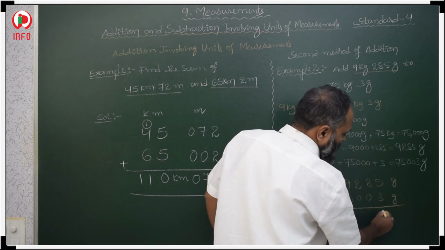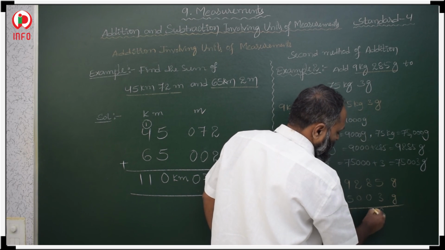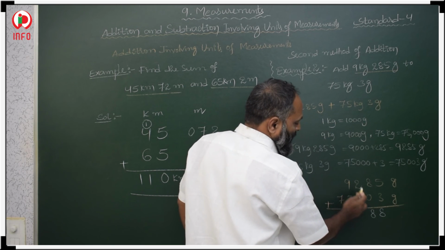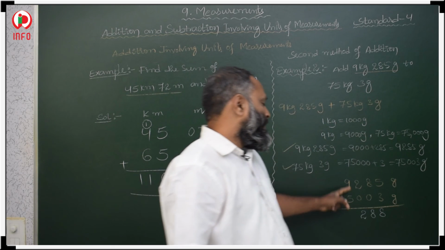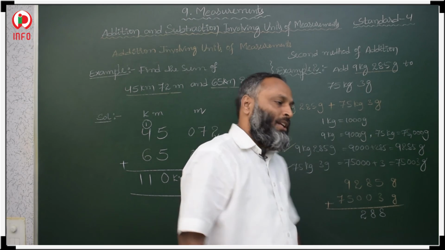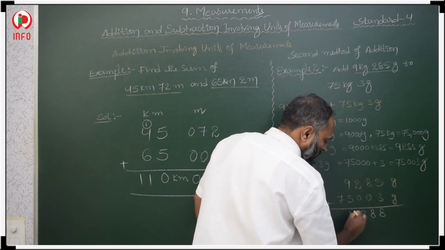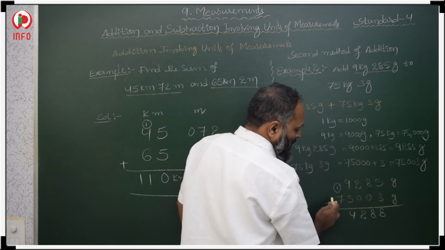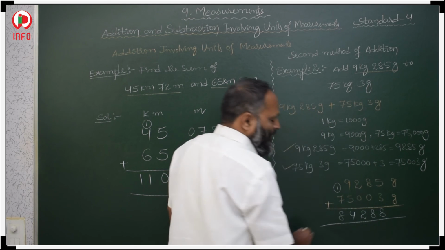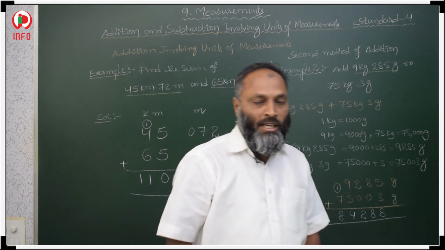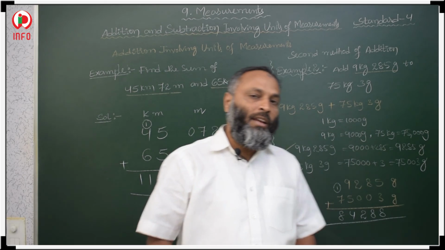5 plus 3, 8. 8 plus 0, the number itself, 8. 2 plus 0, 2. Then 9 plus 5 is 14. 4 here and 1 we take as carry over. 7 plus 1, 8. 84,288.